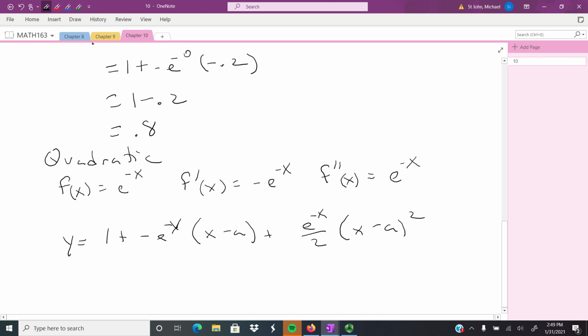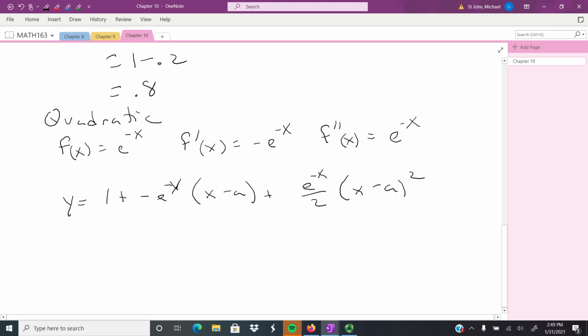And again, a was 0, x is negative 0.2, so let's plug those in.